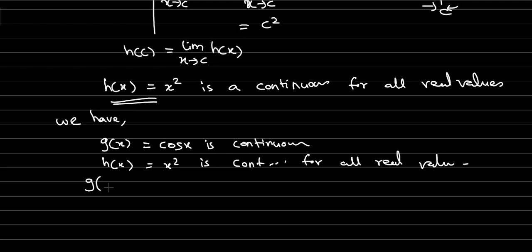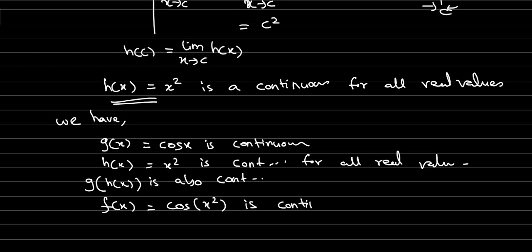That is, g of h of x is also continuous. That means f of x equal to cos of x square is continuous for all real values. Hence proved. That's the whole proof of this particular sum.